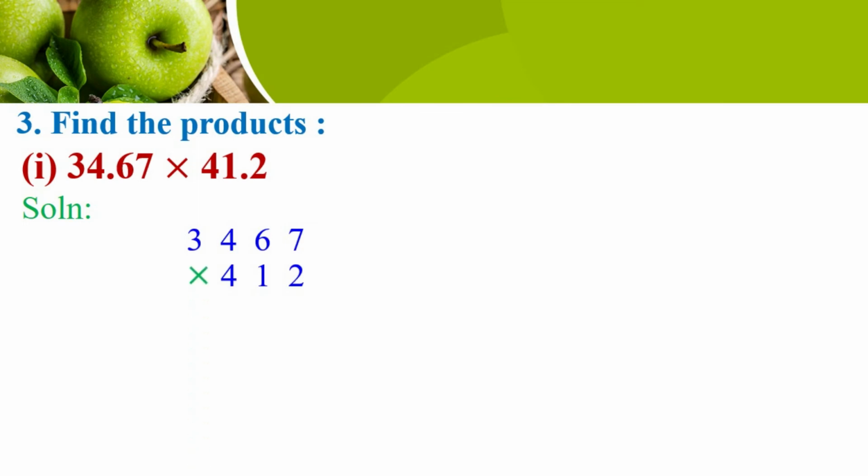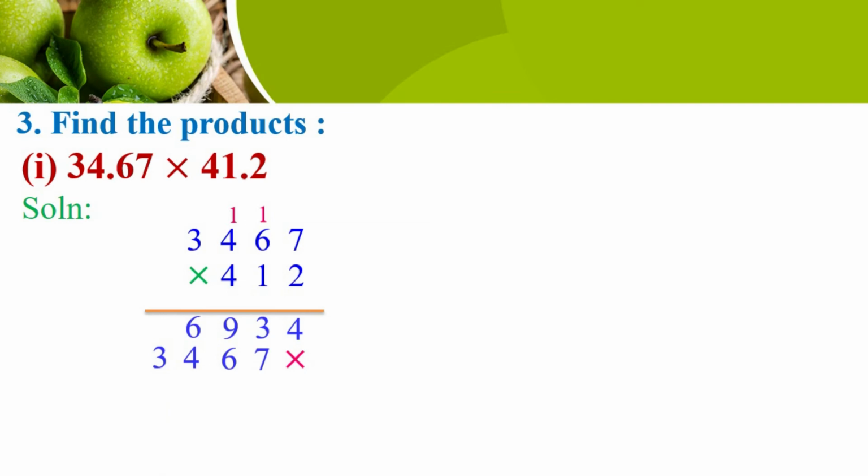Let's multiply. 7 twos are 14. Remaining 1. 6 twos are 12. 12 plus 1, 13. Place 3. Remaining 1. 4 twos are 8. 8 plus 1, 9. 3 twos are 6. Then take the one table. 1 seven is 7. 1 six is 6. 1 four is 4. 1 three is 3.